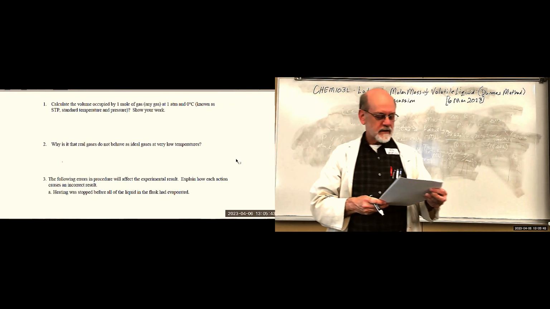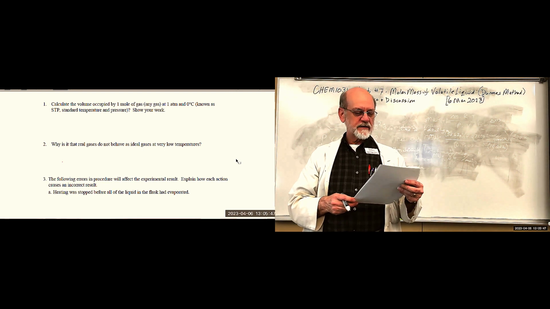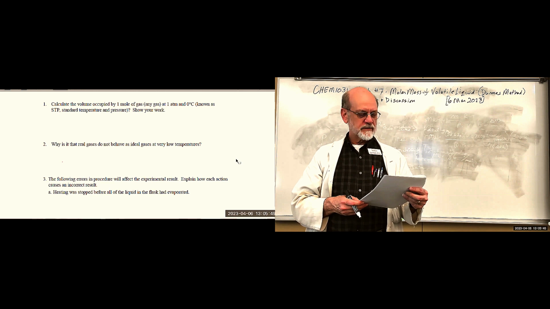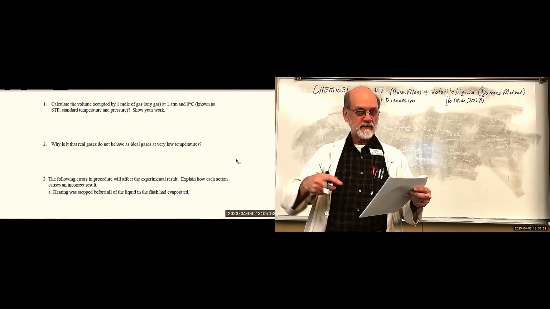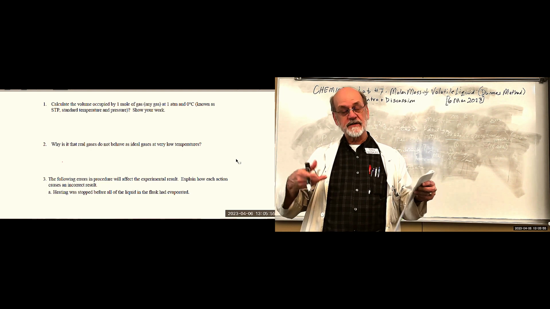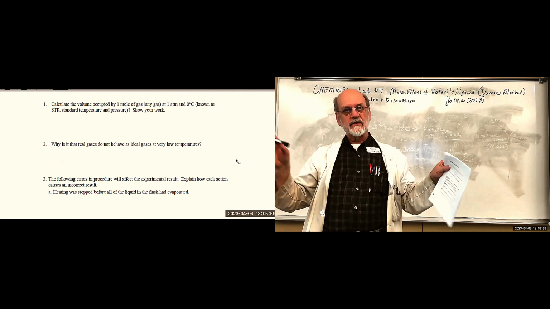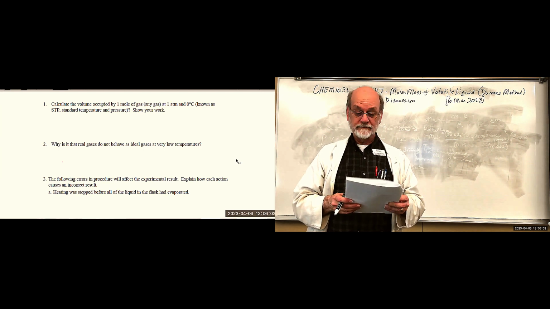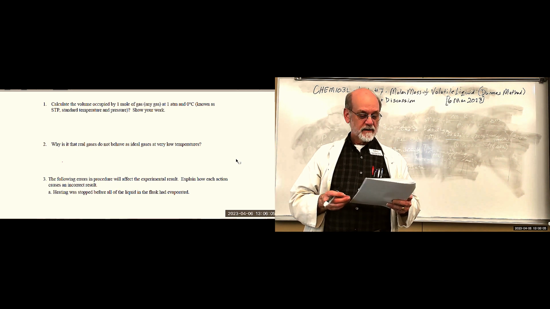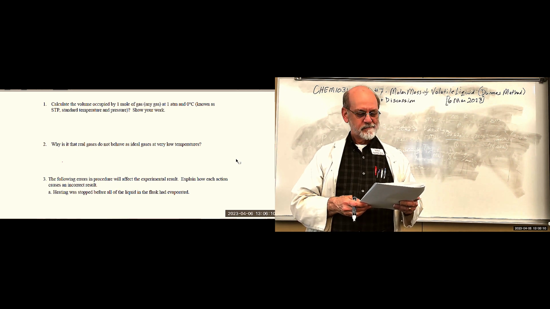So how would you calculate the volume occupied by 1 mole of gas at 1 atmosphere and 0 degrees C? That's known as standard temperature and pressure. For gases, 0 degrees C is standard temperature. Everything else, standard temperature is 25. Don't ask me why. So how would you calculate the volume?